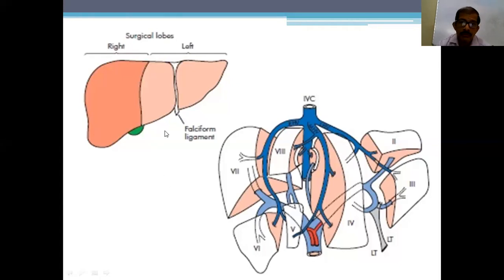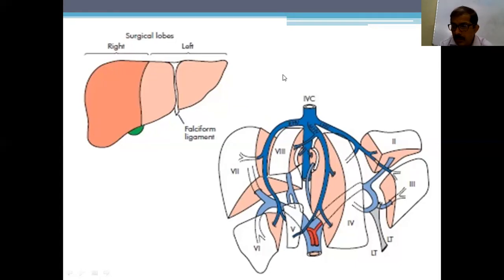So when the seventh segment is enlarged, the diaphragm is elevated instead, rather than the liver getting palpated down. But in most diseases, even in liver abscess, at least one finger or half finger breadth of liver is palpable.